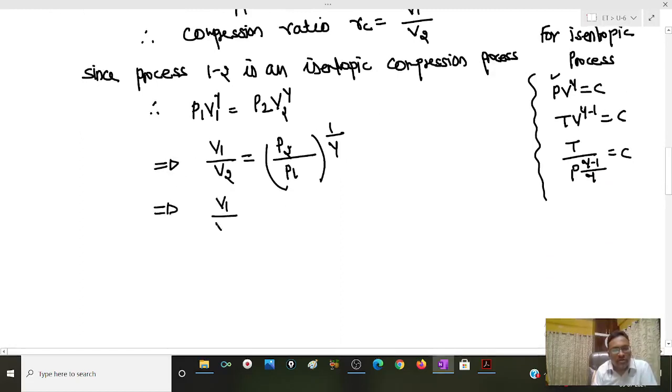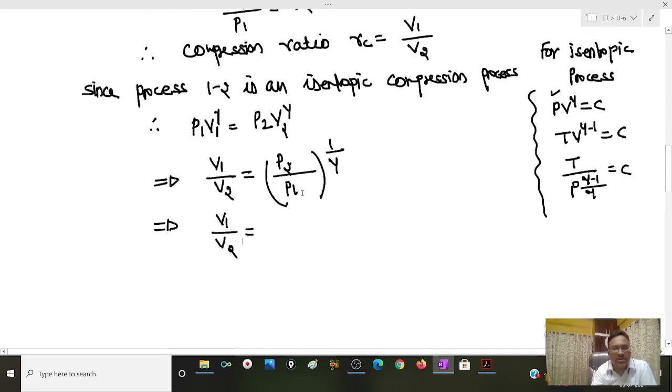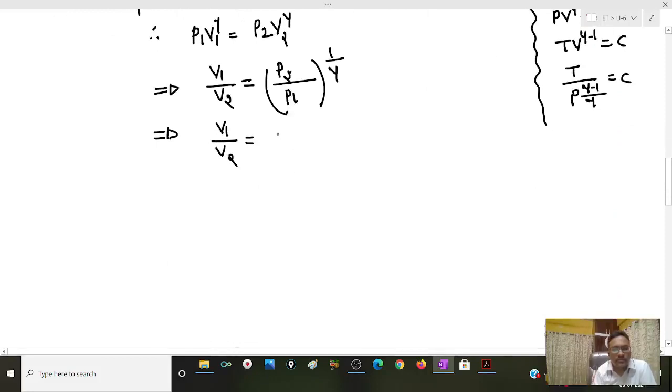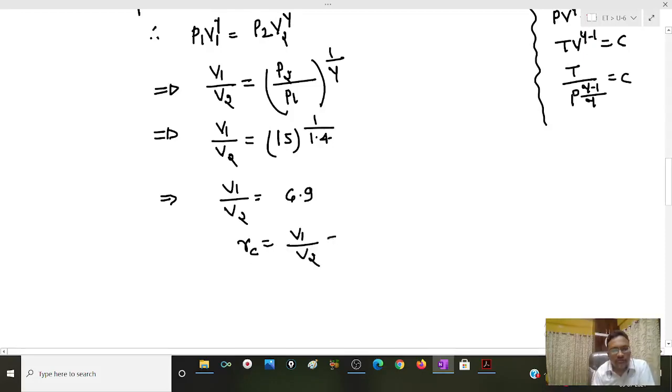P2 by P1 we have been given as 15 and the value of gamma is 1.4. So this value comes out 6.9, and V1 by V2 is nothing but the compression ratio. So this is the required answer number 1.